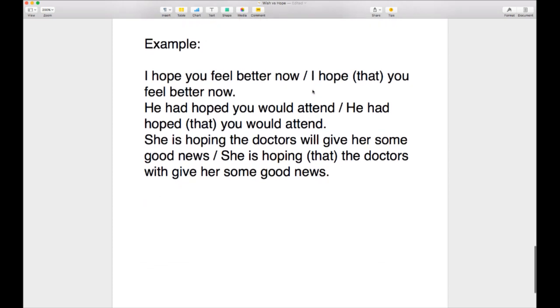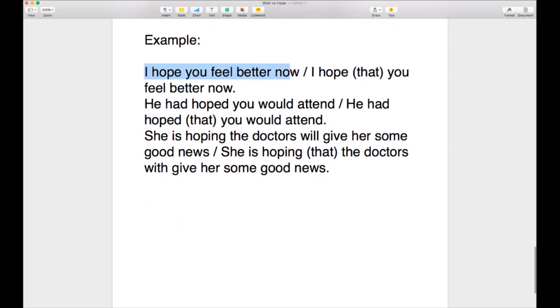So, for example, I could say, I hope you feel better now. Or I could say, I hope that you feel better now. And both are fine. We could say, I had hoped you would attend. Or we could say, he had hoped that you would attend. We could say, she is hoping the doctors will give her some good news. Or, she is hoping that the doctors will give her some good news.